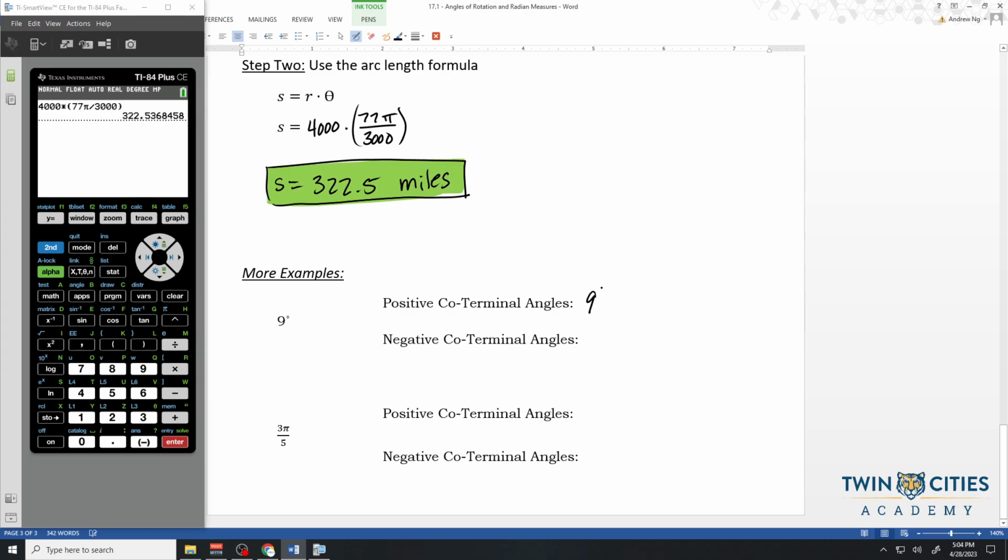So 9 degrees plus 360 degrees, that's going to be 369 degrees. For something that's negative, we'll do 9 degrees minus a full rotation, 360 degrees. And that'll be negative 351 degrees.